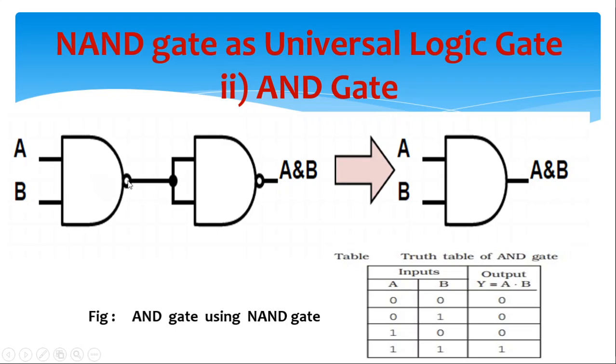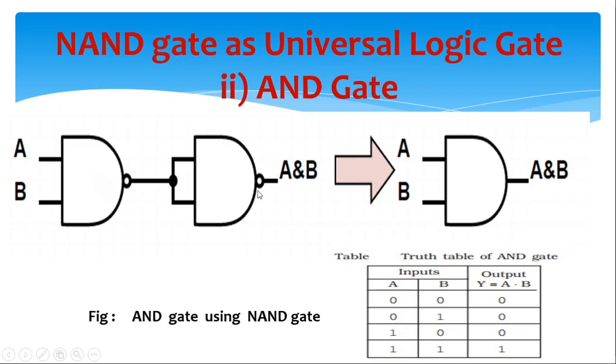Then that output is given to the input of second NAND gate. The second NAND gate acts like an inverter. The double complement will cancel each other to provide AND gate.